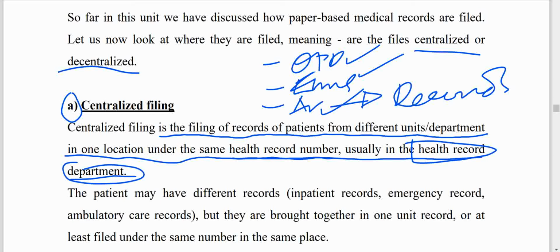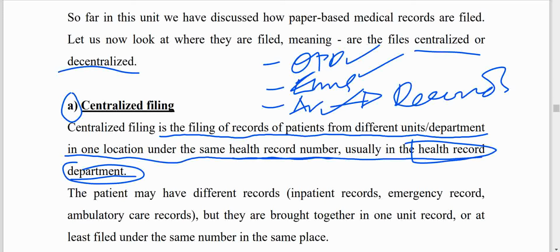We shall call that kind of filing centralized filing. The word centralized simply comes from the word center. So it simply means that all the records from all the departments are collected together and filed in one location.